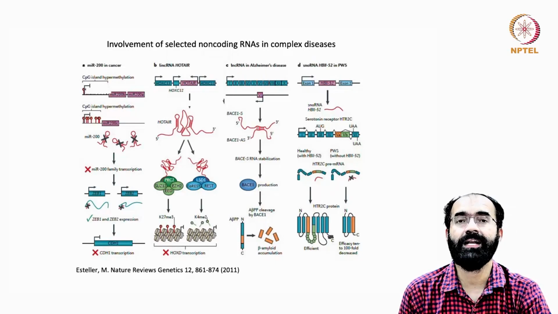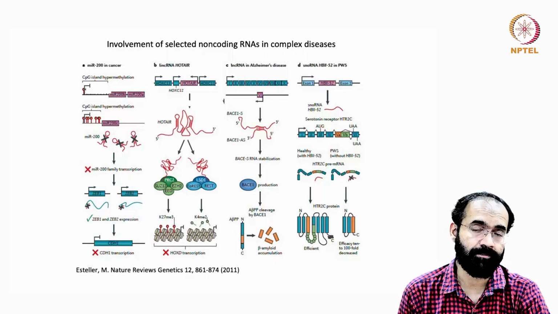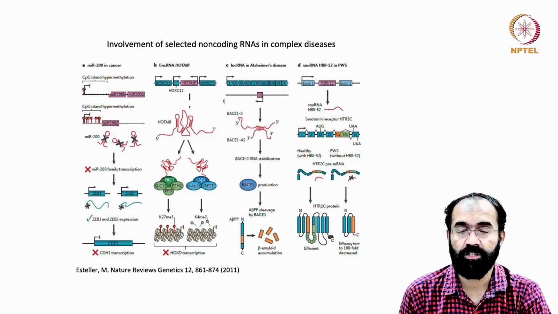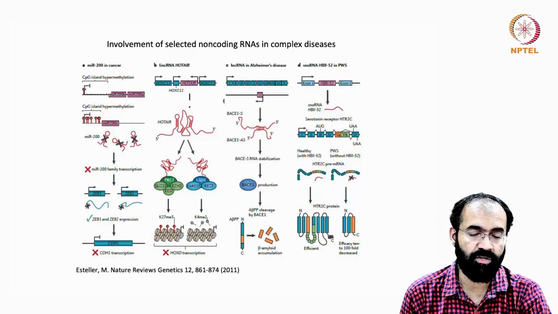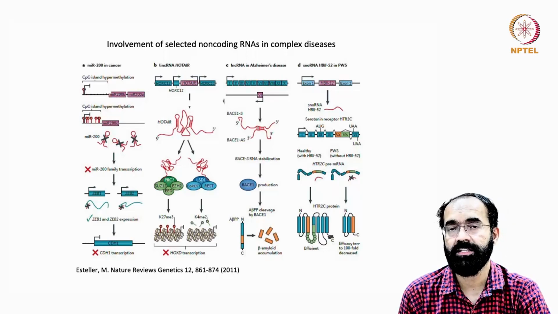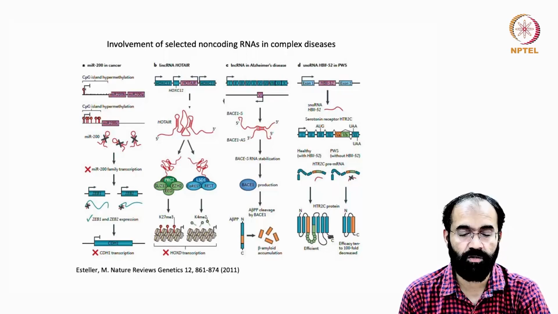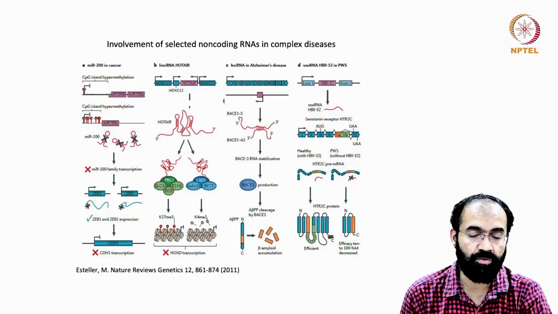So you will now end up getting HOXD expressed in the absence of HOTAIR, because of the lack of this epigenetic modification. HOTAIR is supposed to bring these epigenetic modifiers to the HOXD locus, in the absence of which they are allowed to express.